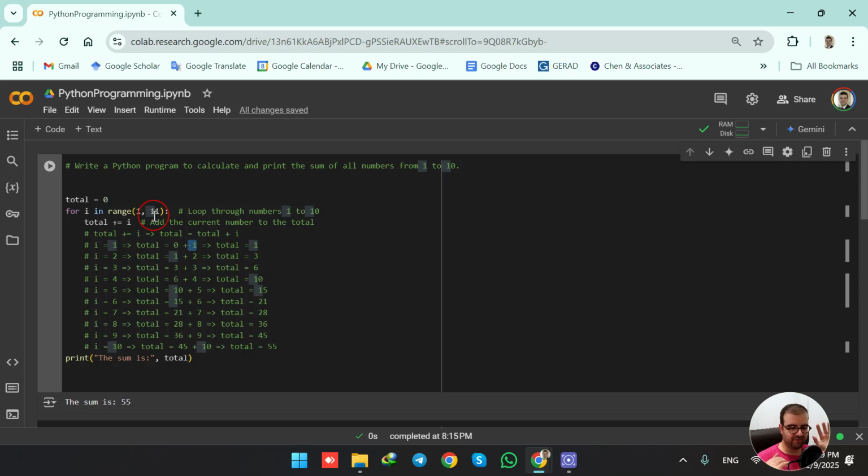So we have one total, which is summing over all the values being iterated between 1 and 10. So it is going to give us the sum of all numbers from 1 to 10. This is how it works, because total starts from 0 and we are increasing the value of I in each iteration.